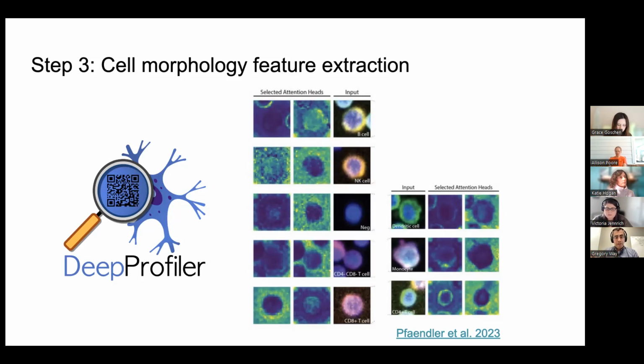Applying a transformer model to these types of data, it's still relatively unclear how much better these representations are compared to the classical computer vision features. The hope is that they are going to tell us more specific things about the underlying biology, but it's still out whether or not they are outperforming some of the classical vision features.